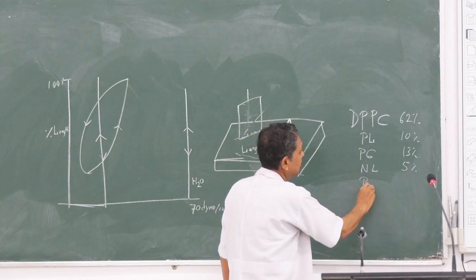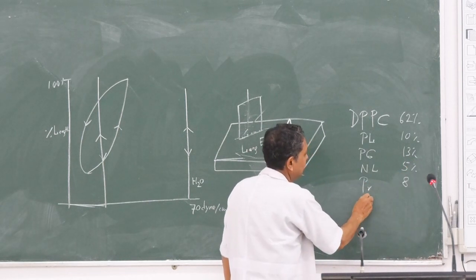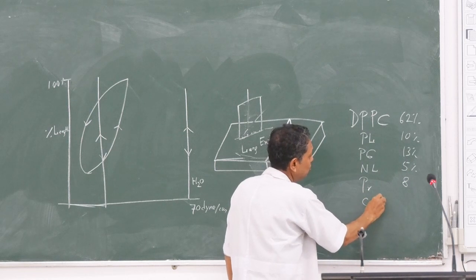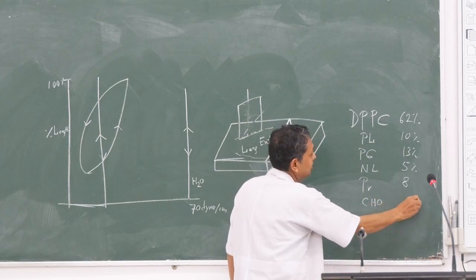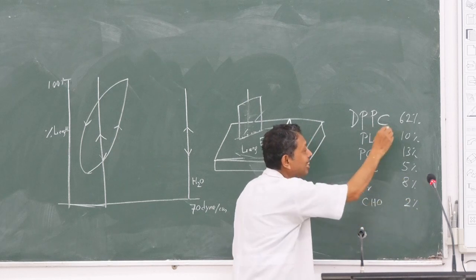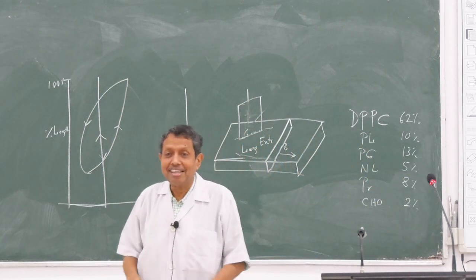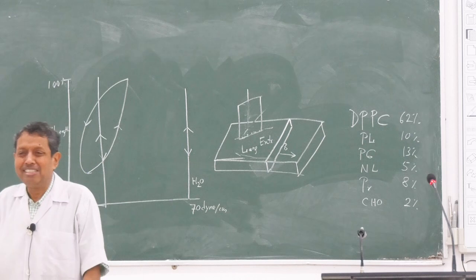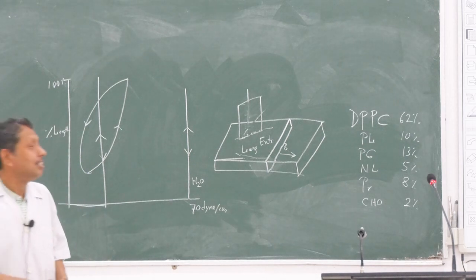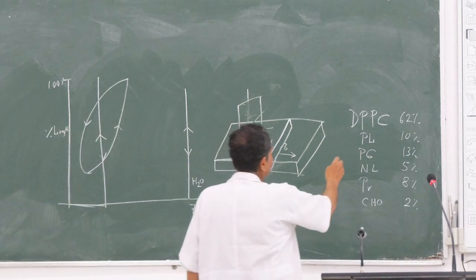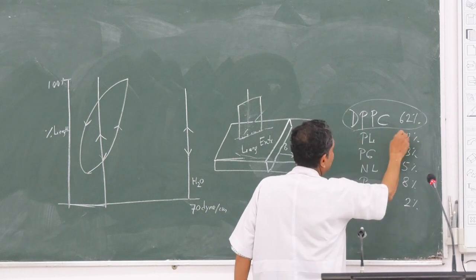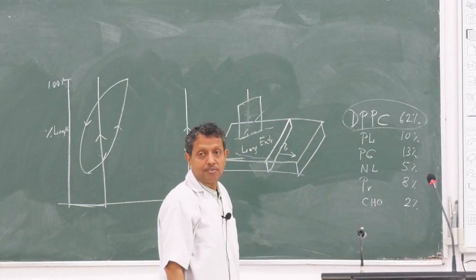There are some proteins, 8%. Carbohydrate, 2%. And they can vary, because I cannot memorize every one in detail. But this is important, that I can remember exactly. So you have to consult a book to rectify this.